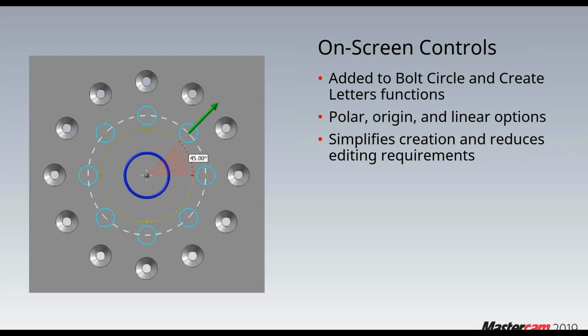Before, if you were creating a bolt pattern and you wanted to know, like in my picture example here, what angle you needed to start the bolt pattern at, it was kind of a guess and hope scenario. If it wasn't what you wanted, you'd hit the undo button, redo the bolt pattern, and keep doing that until you got it exactly the way you wanted.